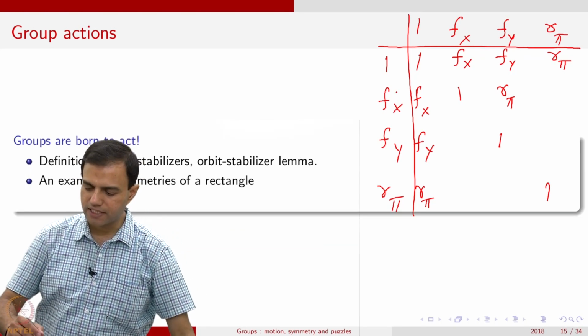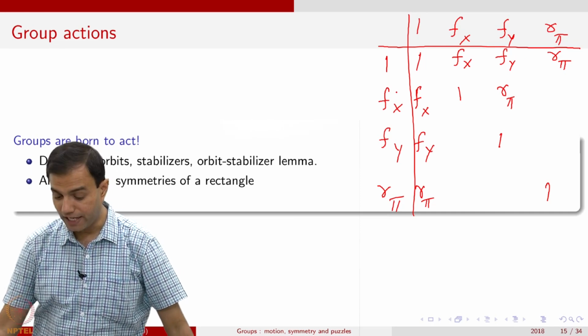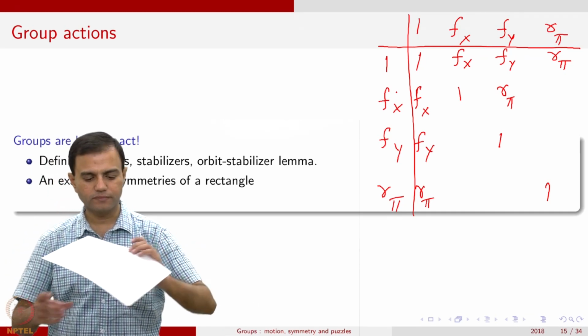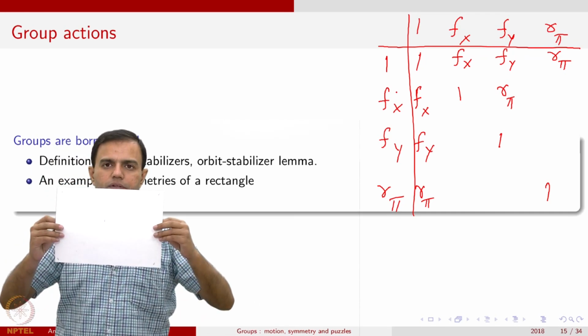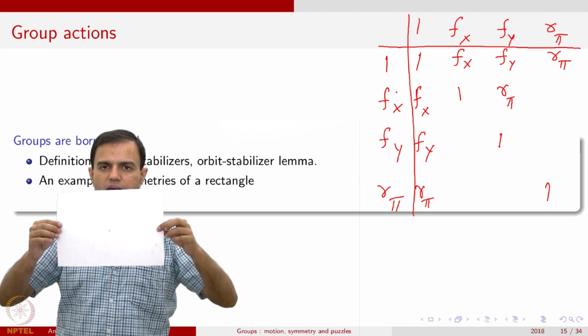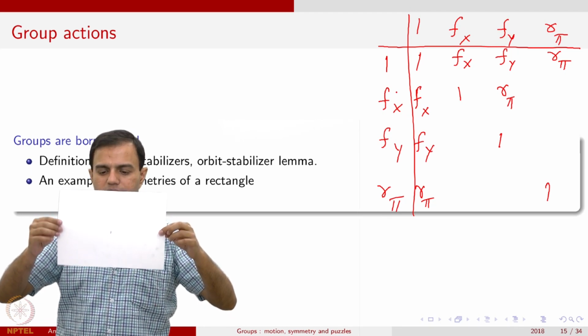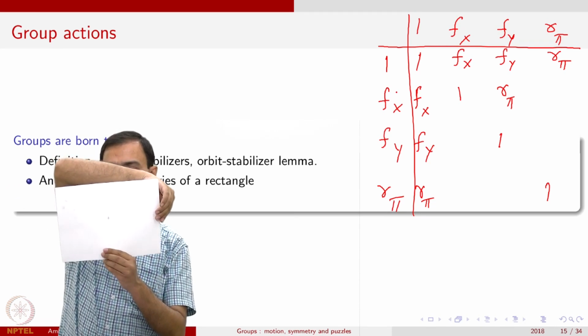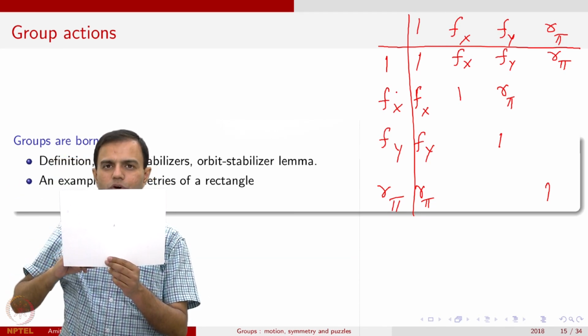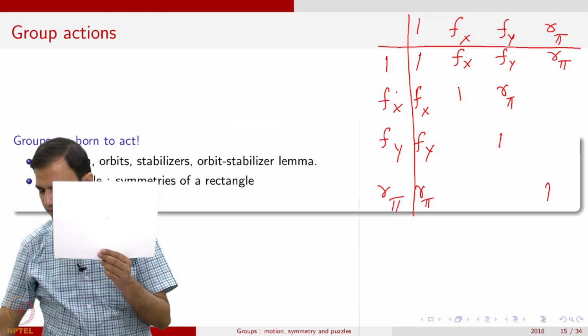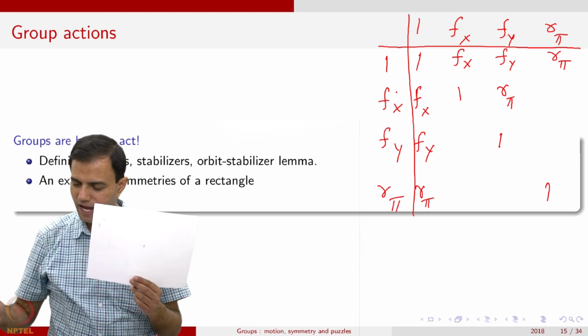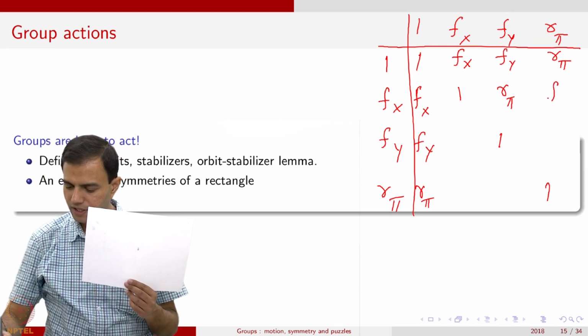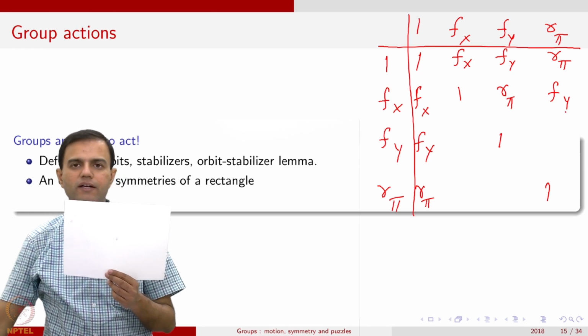So what about fx composed with r pi? That would be interesting. So I have fx and I am composing it with r pi, that is rotation. You know what do I have? Do this experiment, I actually have just fy.